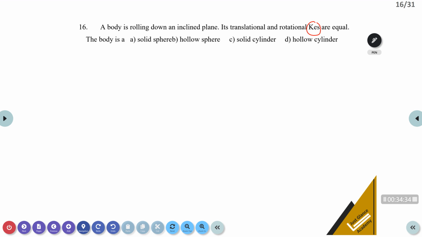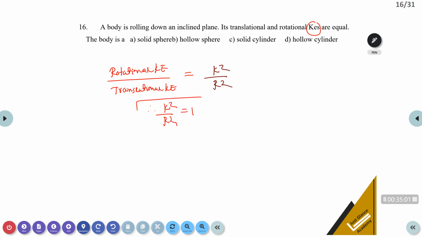That means, just now I saw, the rotational kinetic energy divided by translational kinetic energy equals, what is the formula, K square divided by R square. Here both are equal, therefore K square by R square equal to 1.